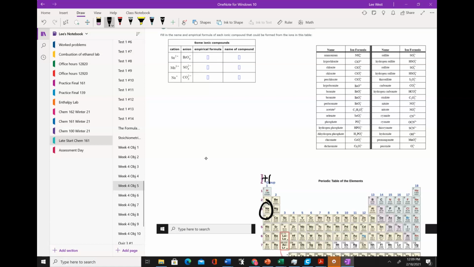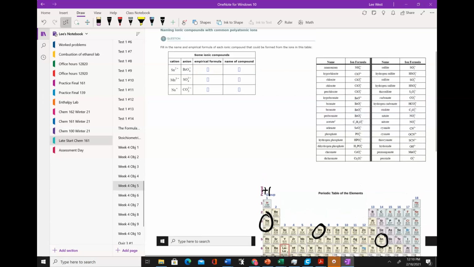And then manganese and tin, they're not in groups that are fixed charged, right? Group 1A, group 2A, group 3A, and silver, cadmium, and zinc are your fixed charged ones. So yeah, tin I'm going to have to specify the charge with Roman numerals. Manganese I'm going to have to specify the charge with Roman numerals.